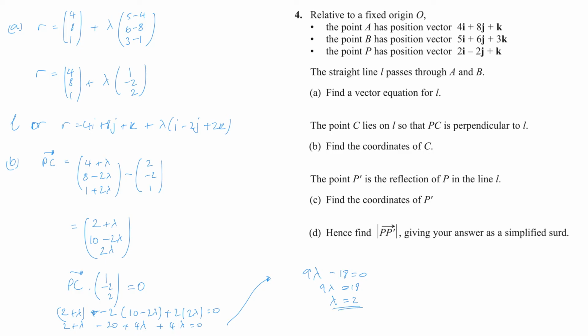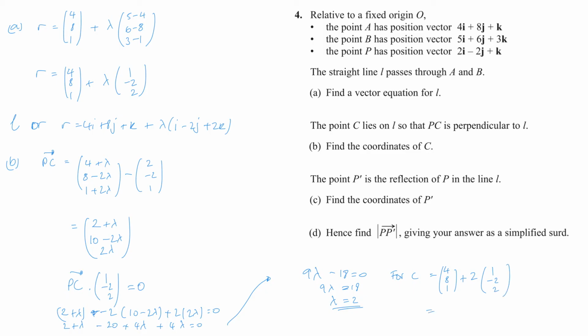Now substituting that into L, so for C, we've got then, where are we? 4, 8, 1 plus 2 times 1 minus 2, 2.